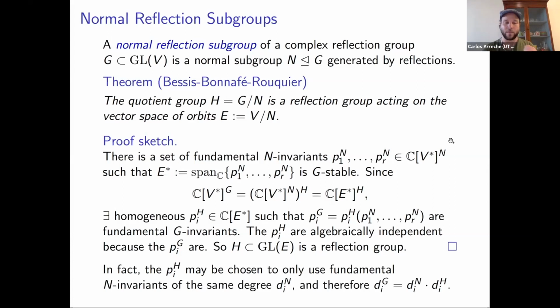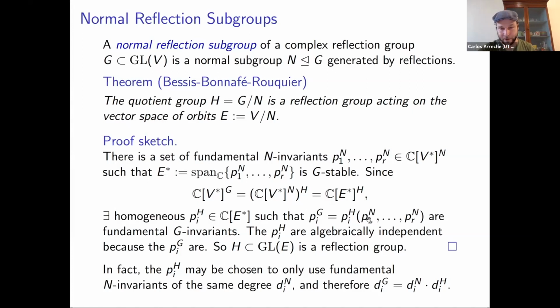In fact, a little bit more is true. You see that the span of an appropriate choice of the fundamental N invariants is graded by the degrees of these homogeneous polynomials. And so the reflection representation of H breaks up into graded pieces, and that makes it so that the H invariants can actually be chosen to only take in N invariants of the same degrees.